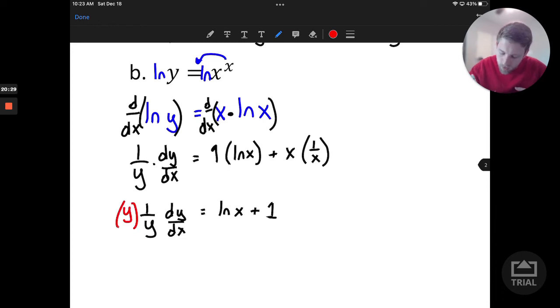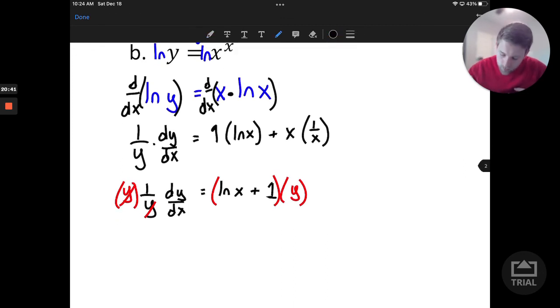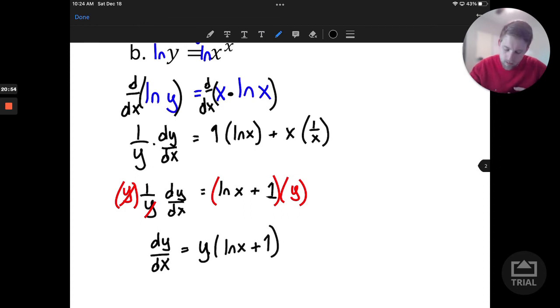If I multiply by y, I can cancel those out and it becomes just dy dx on the left. Then we can bring the y to the front if you want. This would be y times ln of x plus 1 in that parenthesis.